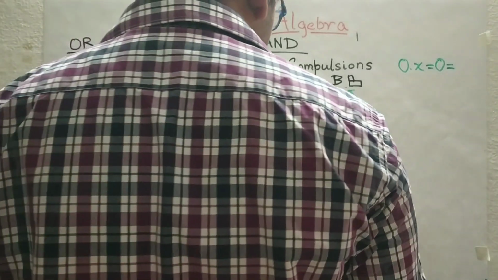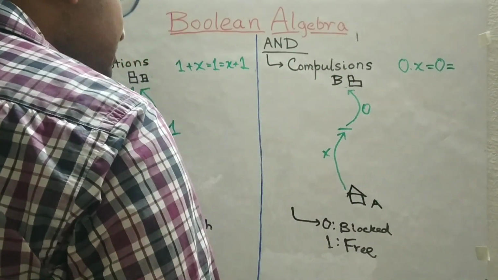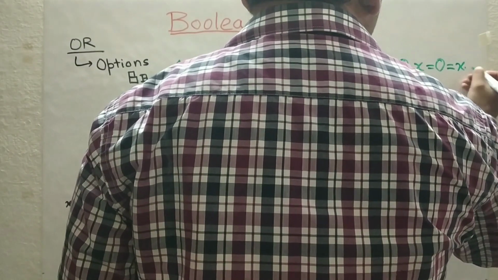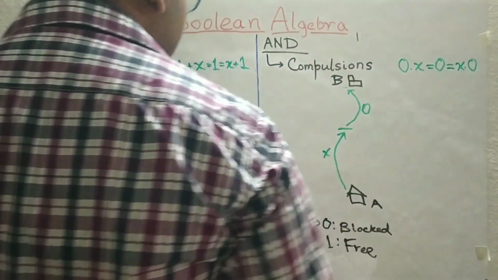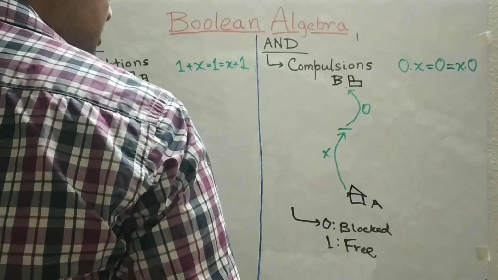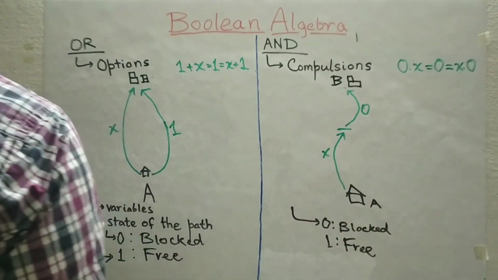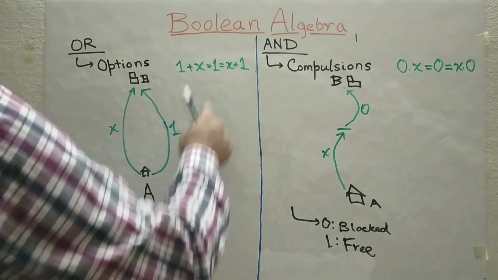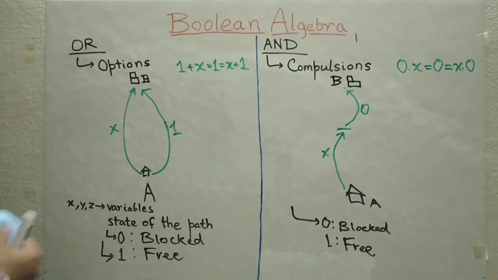It might be free or it might be blocked, but the second part is blocked for sure, so there is no way to go from A to B. So whether it be 0 and x, or whether it be x and 0, the output is 0. That is, there is no path to go from A to B. If there is a path to go from A to B, then the output is 1. If there is no path to go from A to B, the output is 0. Okay, clear?